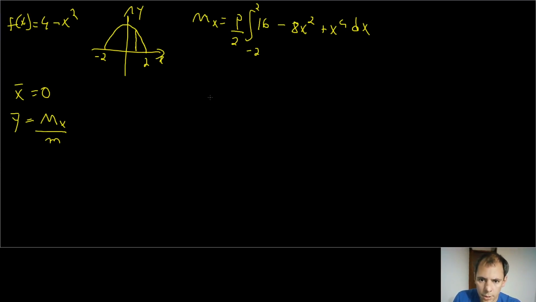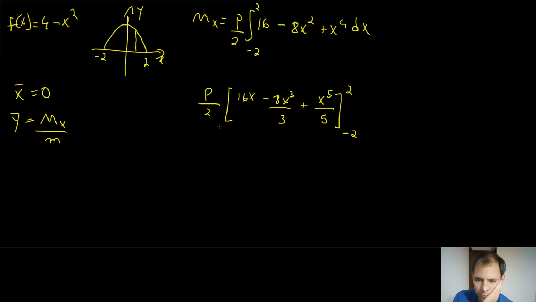So it'll be P divided by 2 times 16x minus 8x cubed divided by 3 plus x to the 5th divided by 5, from minus 2 to 2.